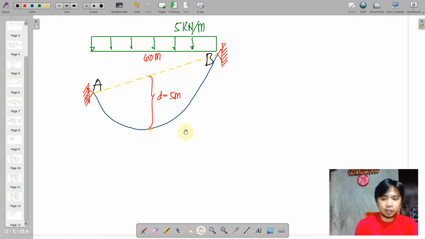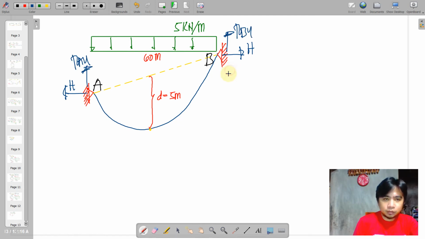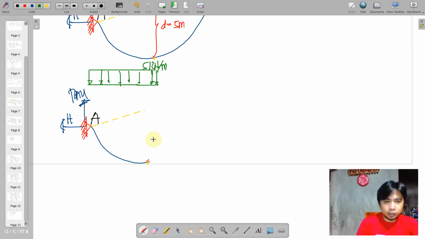They have the same reaction along the horizontal line but different on the vertical axis at A and B. Okay, so singling out the left portion, we are at the lowest point here, so therefore the slope is 0. So your tension at this point is your horizontal H, and we will just resolve this.